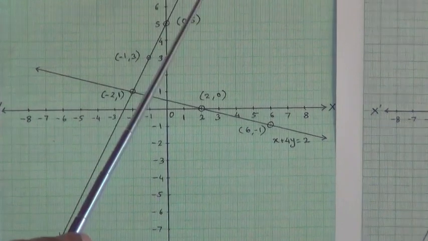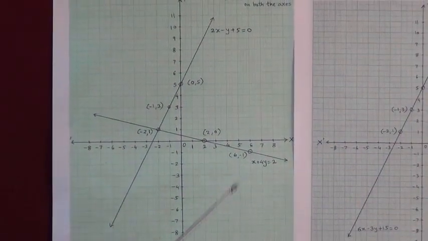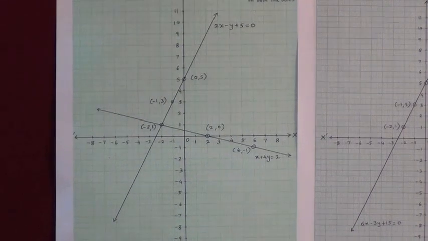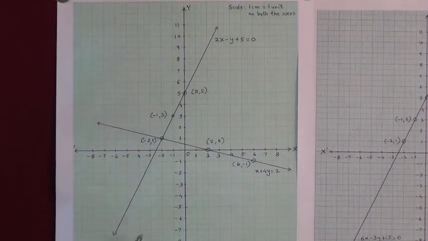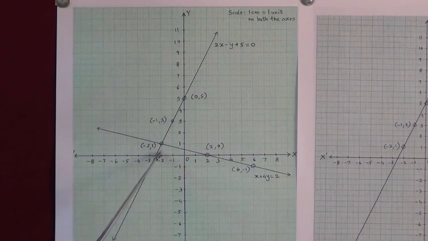If you draw the two lines representing these equations, 2x minus y plus 5 is equal to 0 and x plus 4y is equal to 2, you will find that these two lines intersect in one point, minus 2, 1.